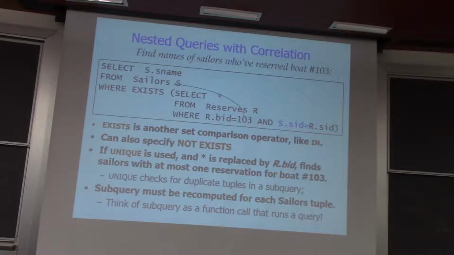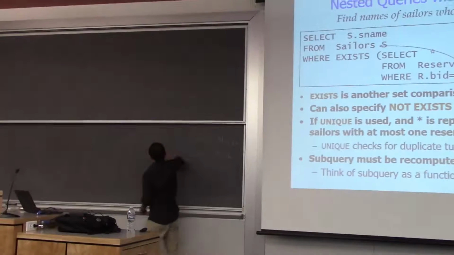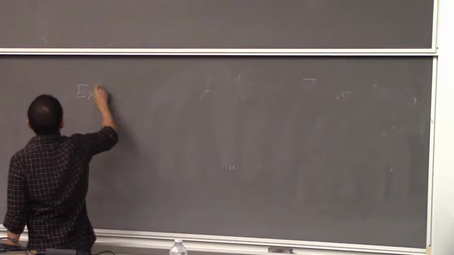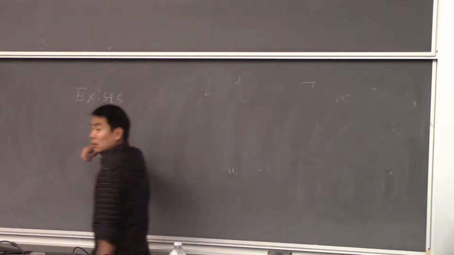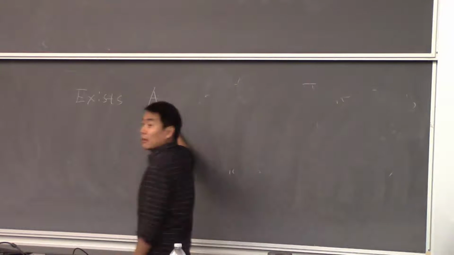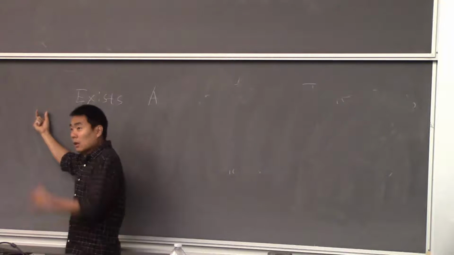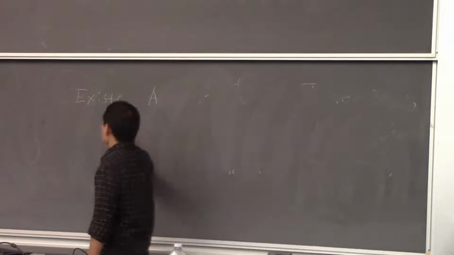Now there are more nested queries you can write. Another example is EXISTS. Write it down. Again, assuming A is a multiset, there's no value ahead of this, so it just exists by itself.